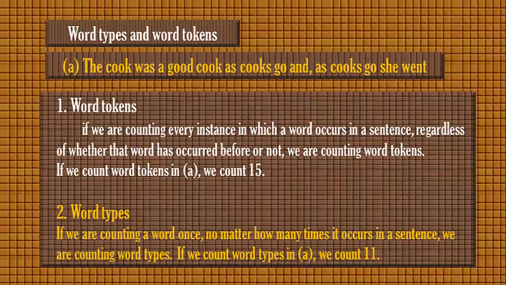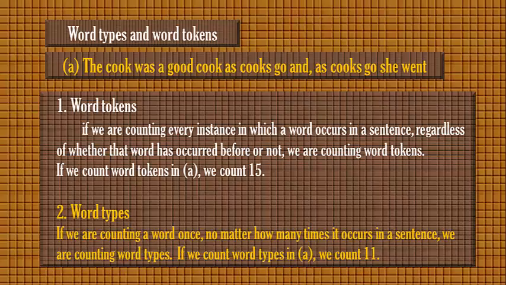So now let's see what word tokens are. If we are counting every instance in which a word occurs in a sentence, regardless of whether that word has occurred before or not, we are counting word tokens. See the set of words in A. If we count word tokens in A, then we count 15. It means that there are 15 words in total.